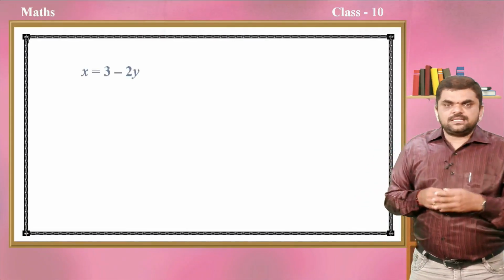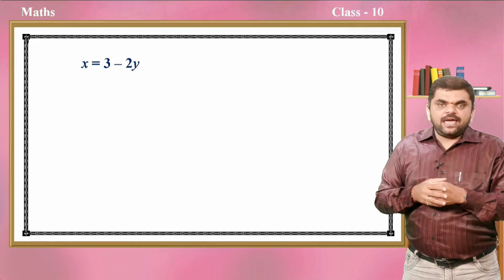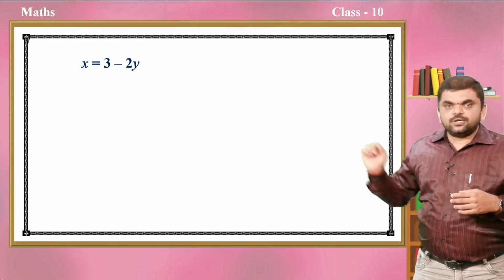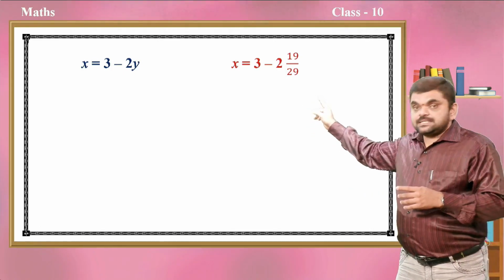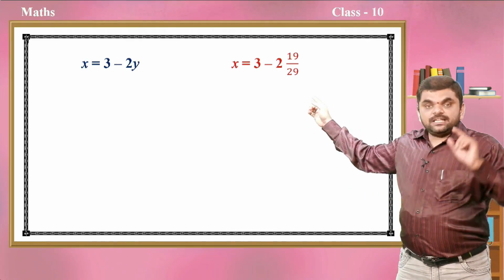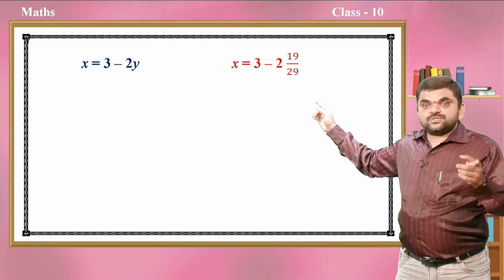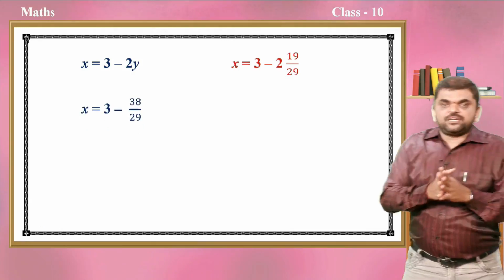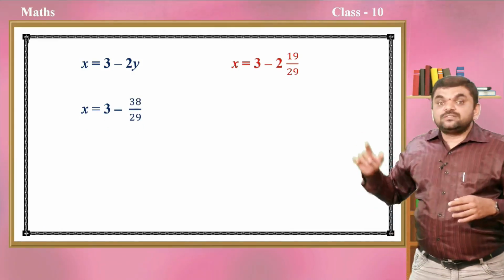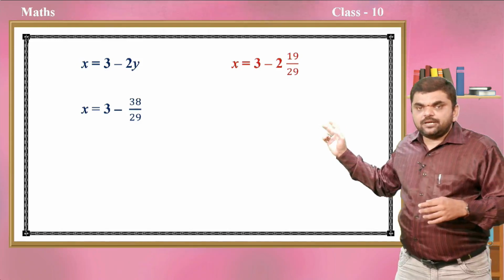What is equation number 3? x is equal to 3 minus 2y. x is equal to 3 minus 2 into, in the place of y we substitute the value of y, that is 19 by 29. On simplification we get x is equal to 3 minus 38 by 29.